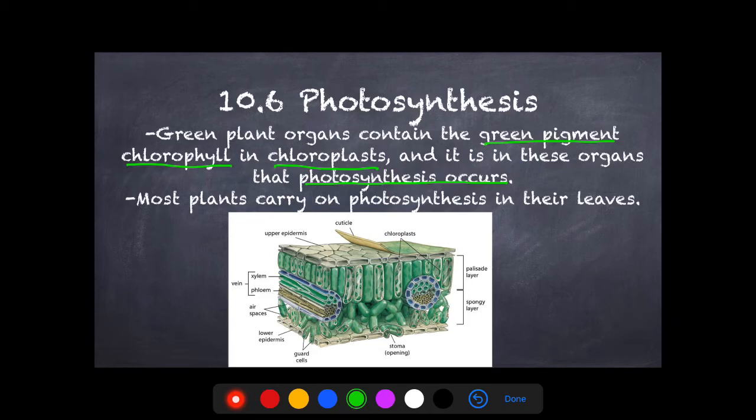The main organ involved in photosynthesis is the leaves of plants, because those are really exposed to sunlight, and so they are able to capture light energy and then convert it to chemical energy. This is a cutout of a plant leaf. We're going to talk about the different layers, but you can see the little chloroplasts that make up the leaves.